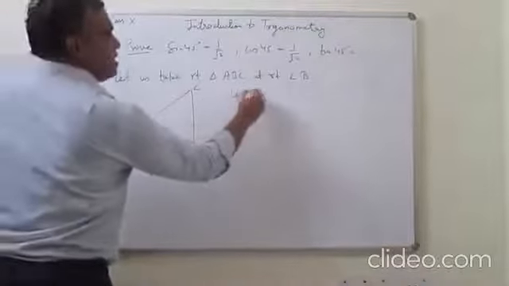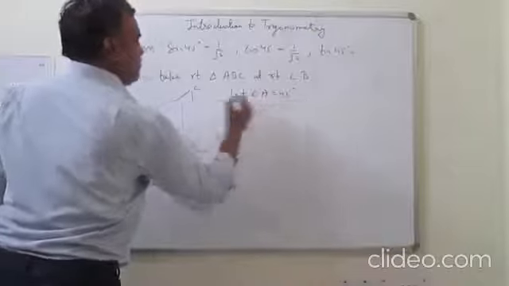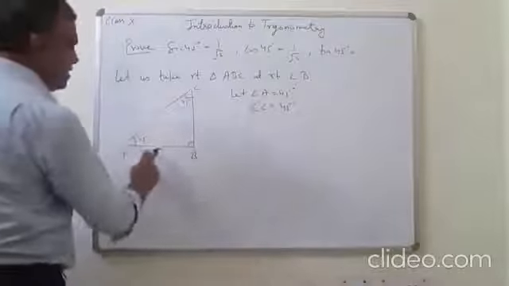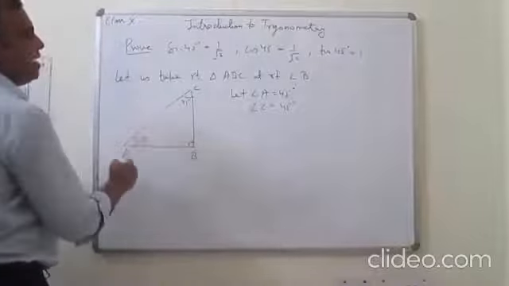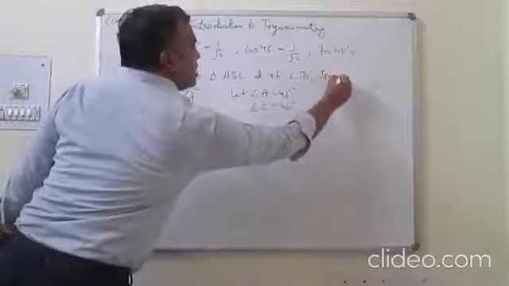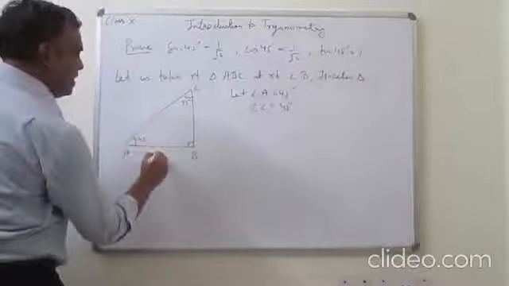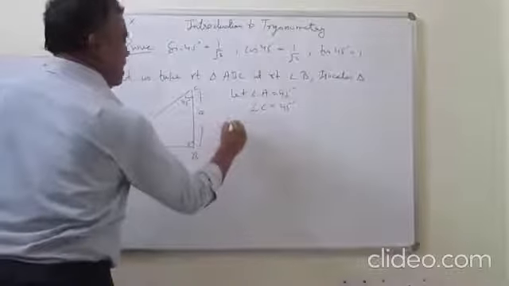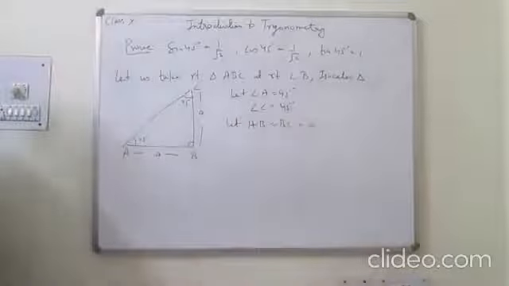Let angle A be 45, then angle C is also 45. It is a right angle triangle and it is an isosceles triangle, right angle at B. Take side AB as a and BC as a. Let AB be equal to BC be equal to a.